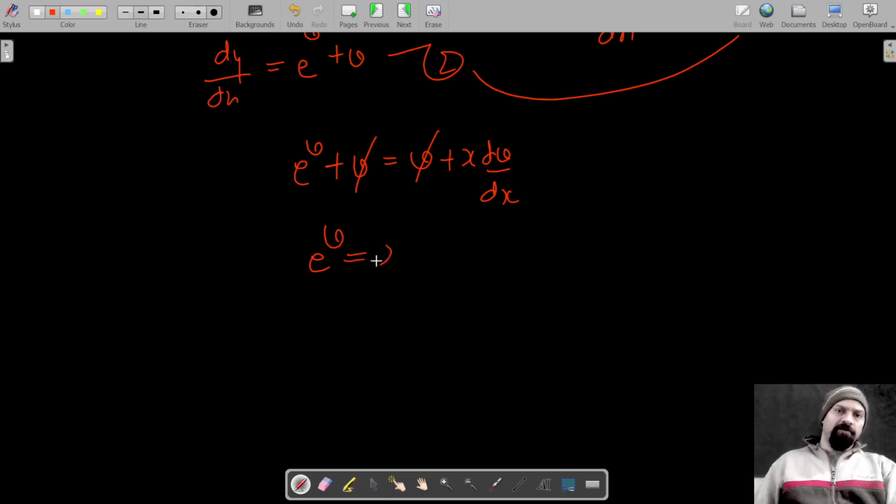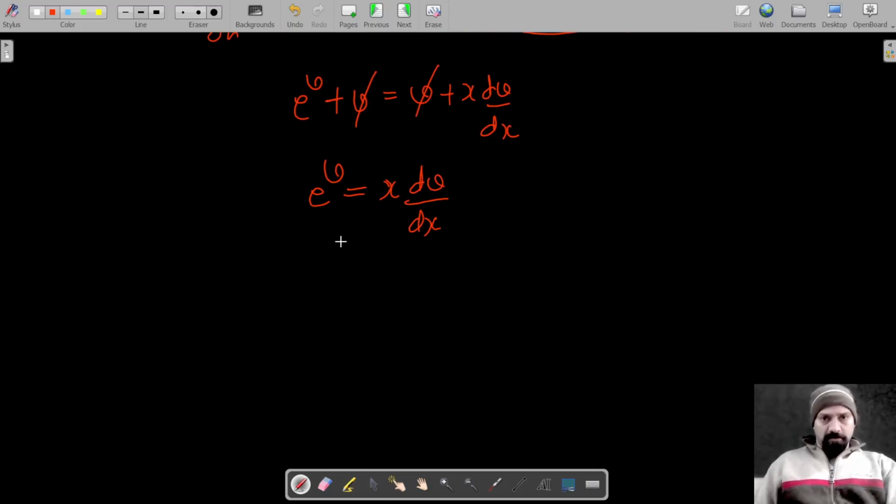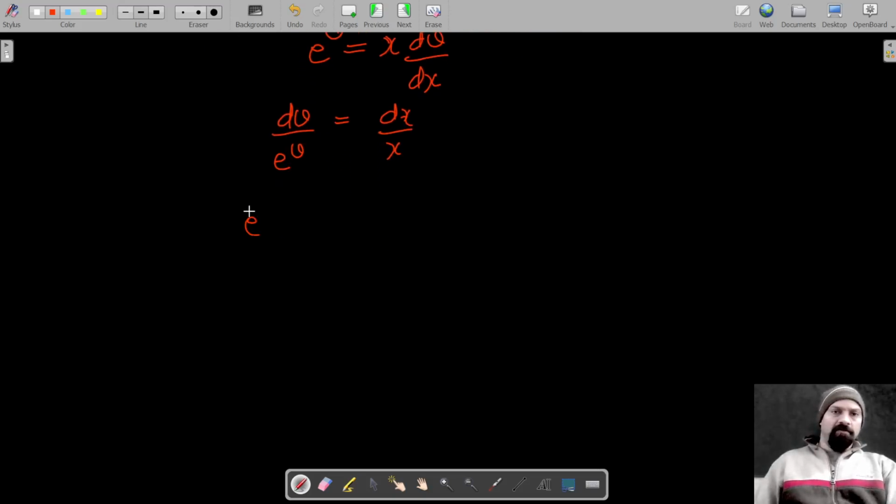Now e power v is equal to x into dv by dx. So this is now equal to dv upon e raised power v equals dx upon x. And this is now e raised power negative v into dv is equal to dx upon x.